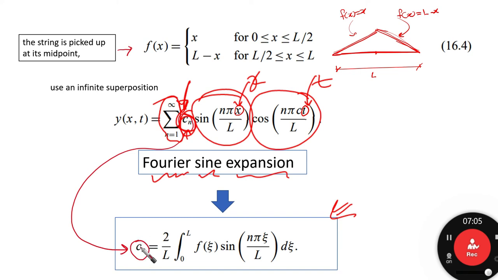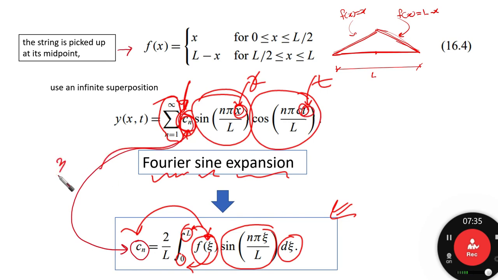We said that Cn is going to equal, after some derivation, 2 over L, integral from 0 to L of the function f(z) sine(n pi z over L) dz, where z, the independent variable, is taken from 0 to L. So z is related to Cn.